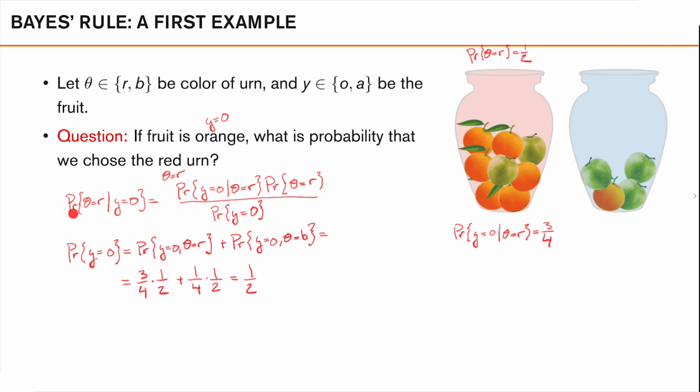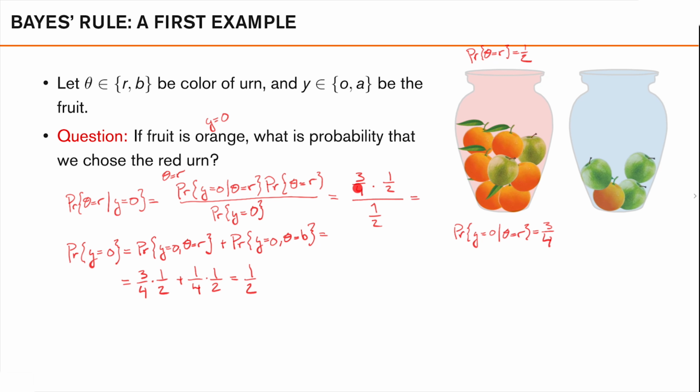Now, if we put it all together to calculate the probability that we have chosen the red urn, given that we observe that we pick an orange, we see that this is the probability of picking an orange from the red urn, which is 3/4, times the probability that we are picking from the red urn to start with, which is 1/2, divided by the marginal probability that we are picking an orange, which we have calculated using the law of total probability and the conditional probability to be 1/2.